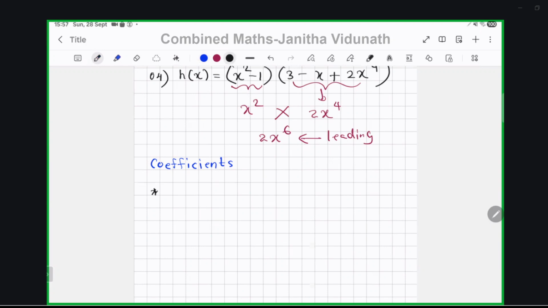Under that, write down: a coefficient is the numerical part of a term.